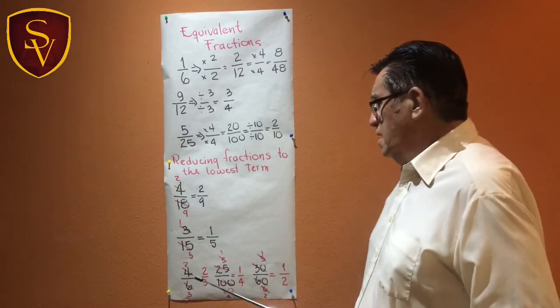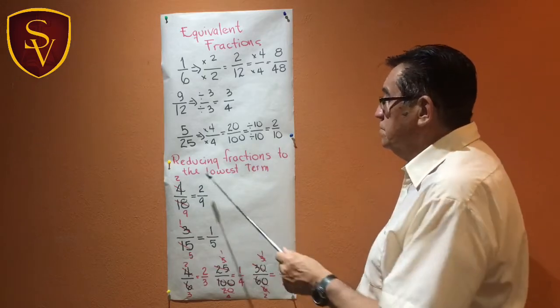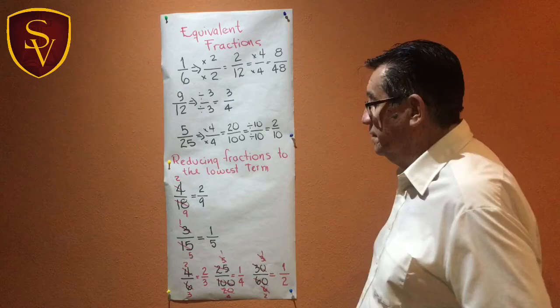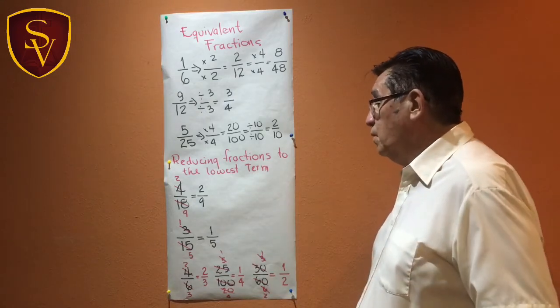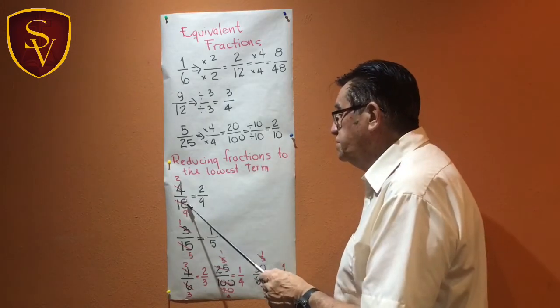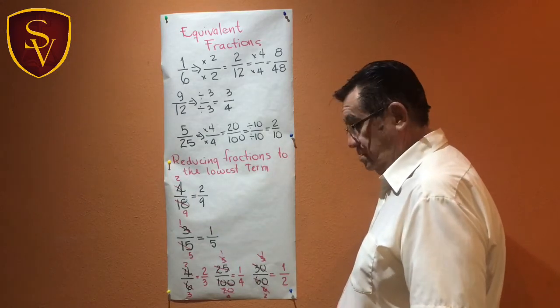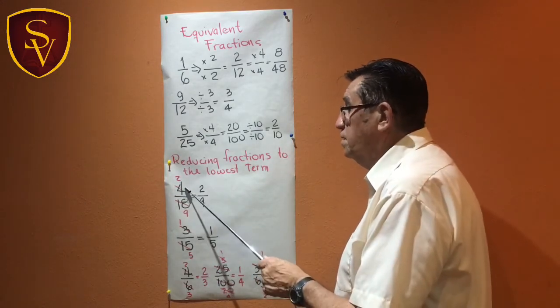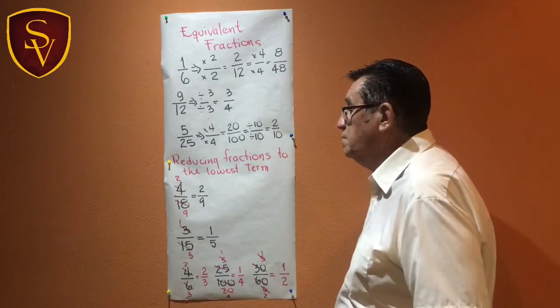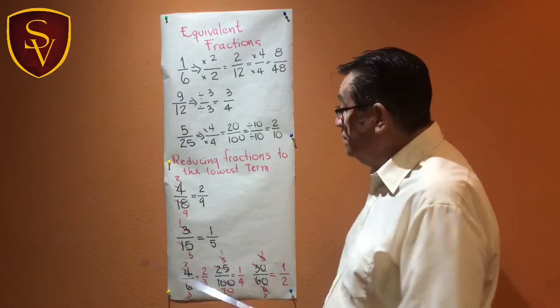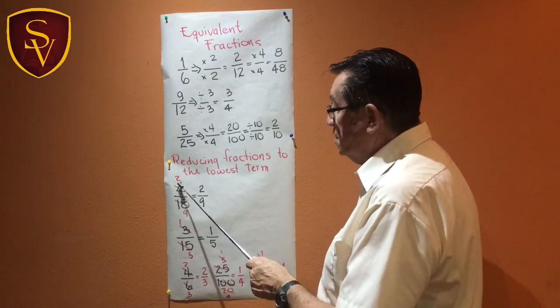Finally, we have reducing fractions to the lowest term. What do we do in this case? When we have a number in which numerator and denominator are multiples of a number, in this case 4 is an even number, 18 is an even number, I can clearly say that 4 can be divided by 2.